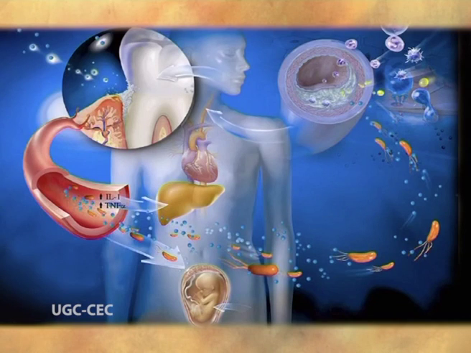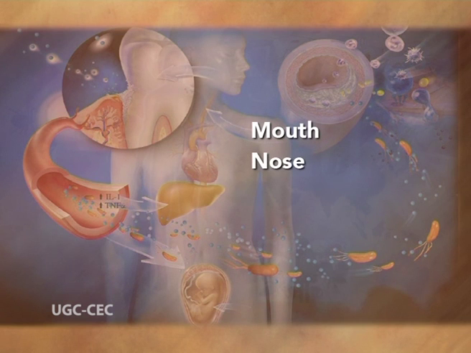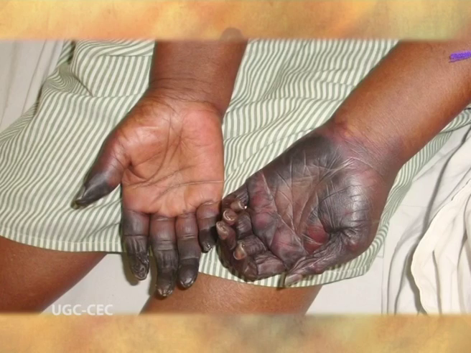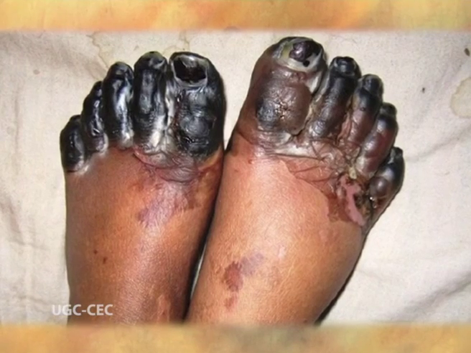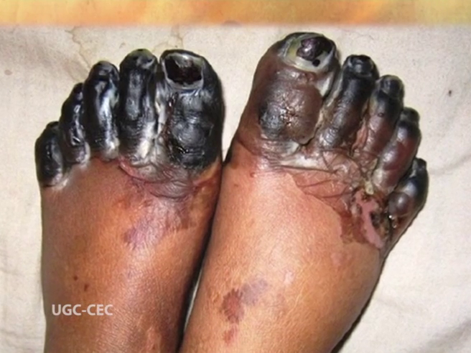A condition caused by the invasion of bacteria into the bloodstream may lead to bleeding from your mouth, nose or rectum, or under your skin, and blackening and death of tissues, also called gangrene, in your extremities, most commonly your fingers, toes and nose. Tiny broken blood vessels called petechiae are a common histopathological change.